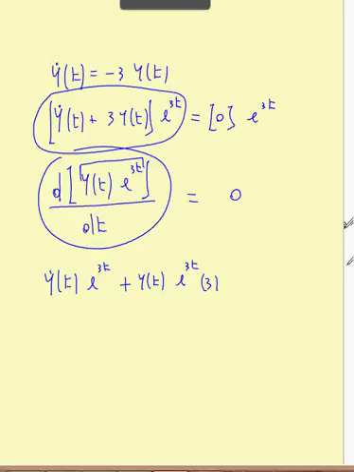The derivative of e to the power of 3t is e to the power of 3t, which multiplies 3, because we need to multiply by the derivative of the exponent. And this is equal to this if you collect e to the power of 3t.